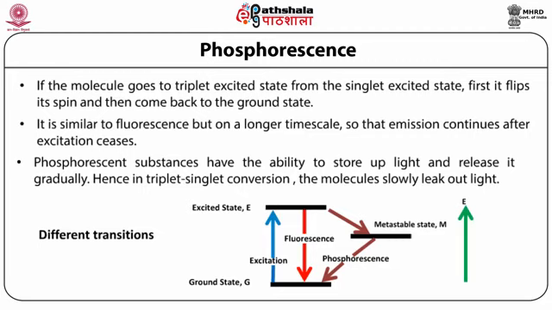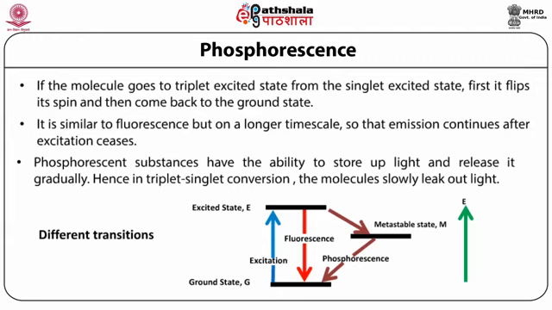This makes the slow transition of the electrons in the metastable state to the original ground state, and the time spent in the metastable state or electron trap determines the length of time for phosphorescence.